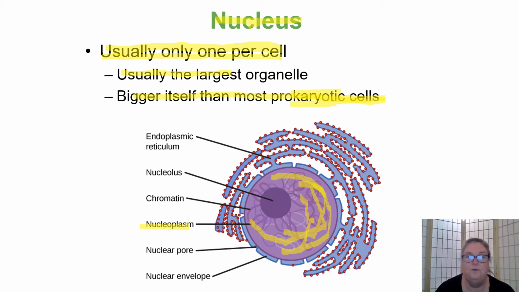This squiggly stuff is the chromatin, that's the DNA. We've got our nucleolus, which is a denser area inside the nucleus. So these sound and look similar, but we want to keep them straight. In the nucleolus, the cell is producing ribosome material.